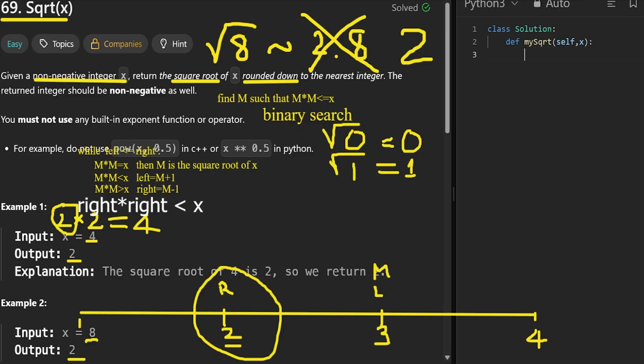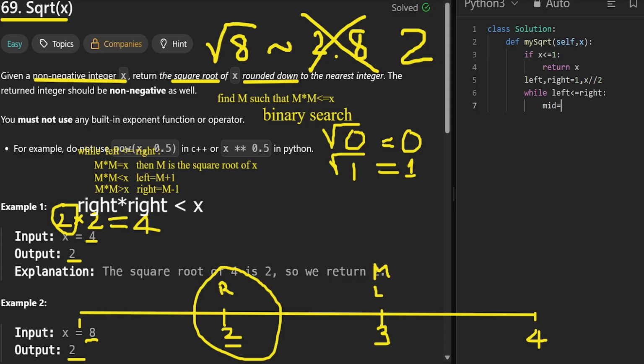First of all, if x is smaller than 1, return x, because the square root of 0 is 0 and square root of 1 is 1. Initially, we set the boundary for our binary search from 1 up to half of x. And as long as the left boundary and the right boundary have not crossed each other, do the following.